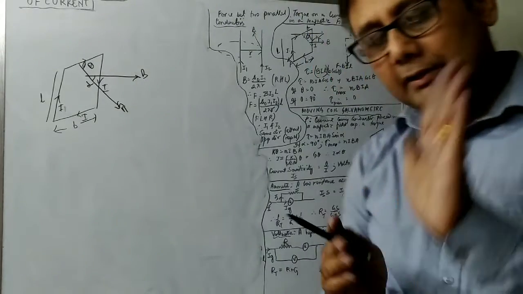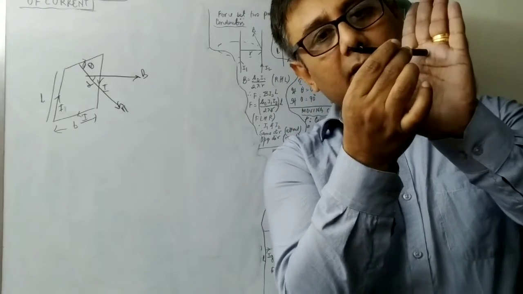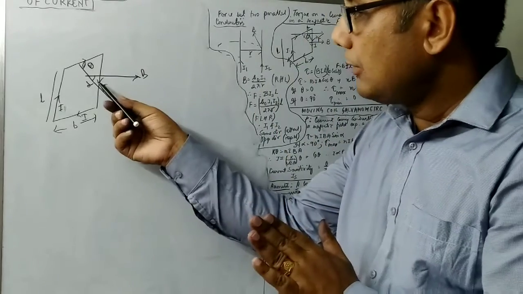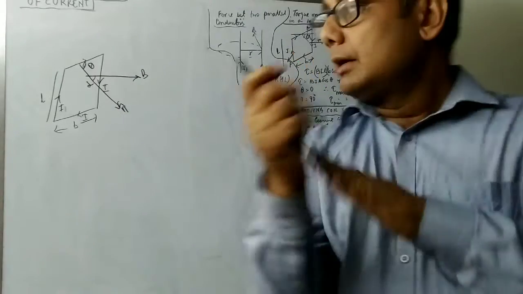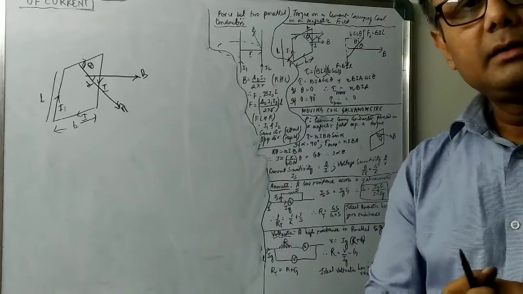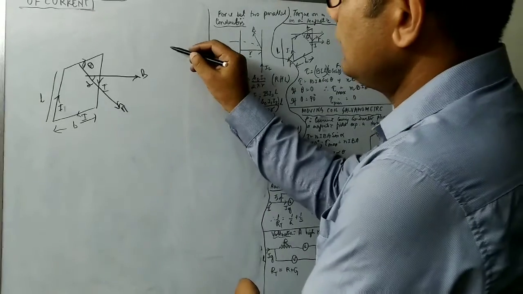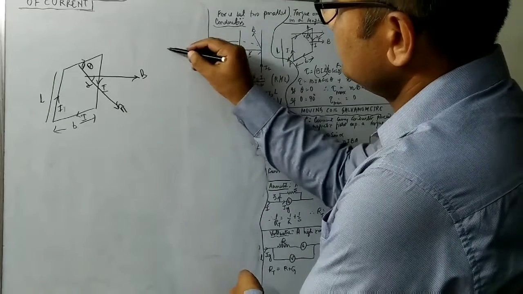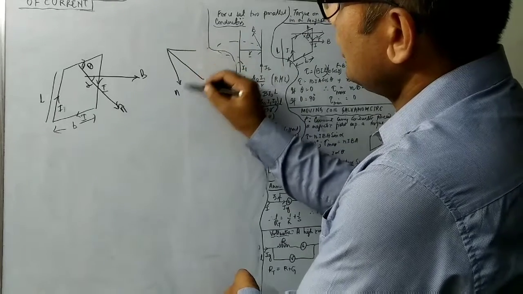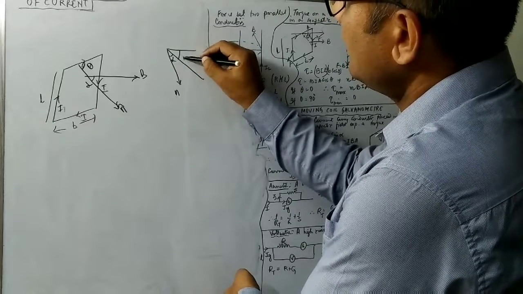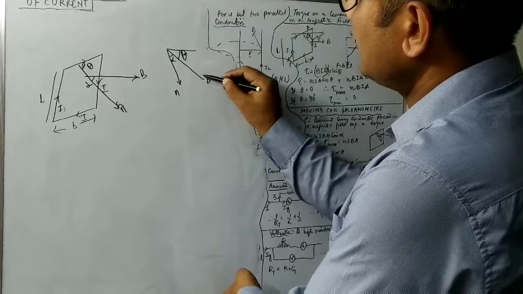Did you understand? This is the plane, this is the normal. The normal makes an angle alpha with the direction of the magnetic field, but the plane of the coil makes an angle theta with the magnetic field. So it is basically like this. This is the normal making an angle alpha, and this is theta, and this is the magnetic field.